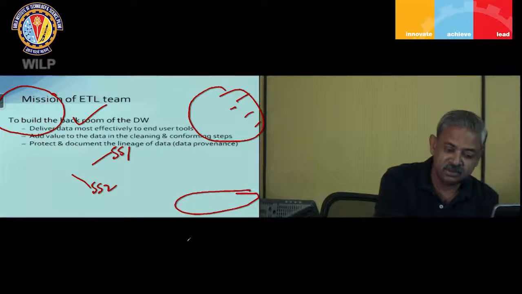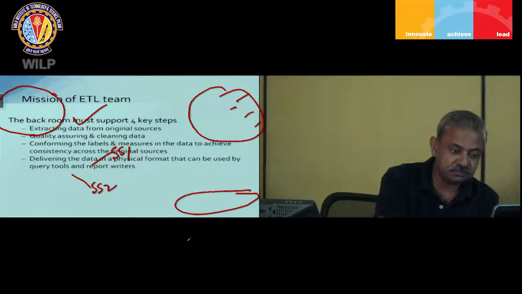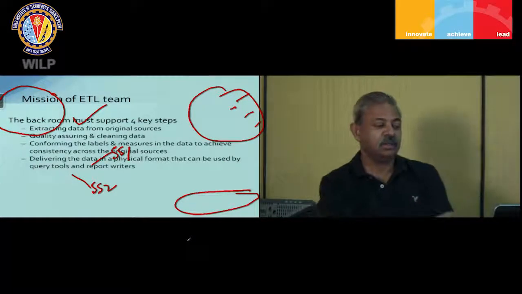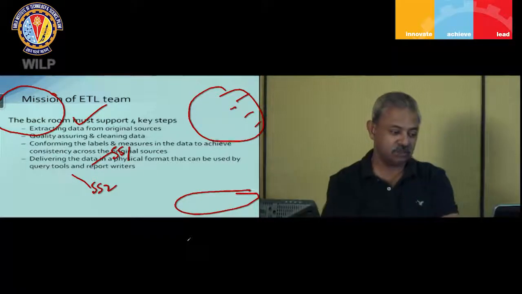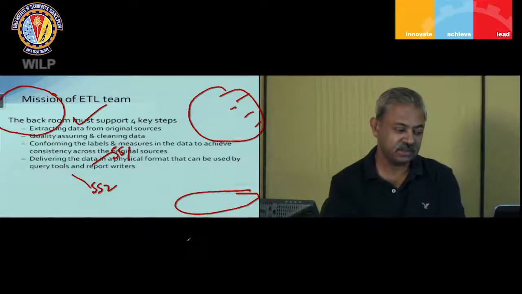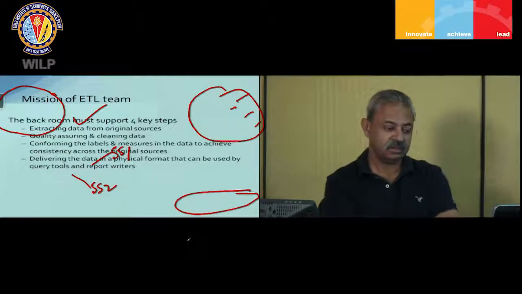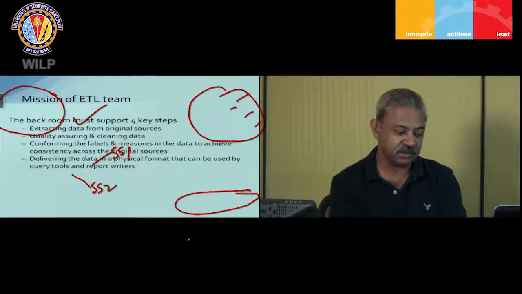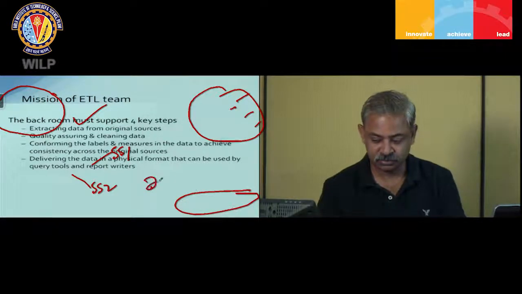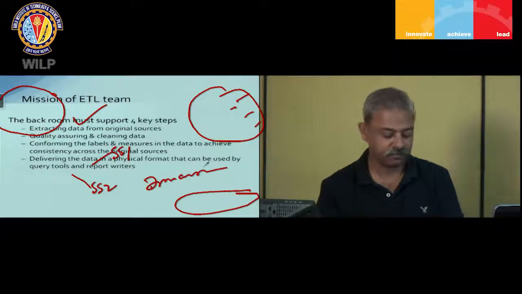We also call it data provenance. It must support these four steps: extracting data, quality assuring and cleaning, conforming labels and measures, and delivering the data in a physical format that can be used by query tools and report writers. And here, as I said, we are referring to dimensional modeling.